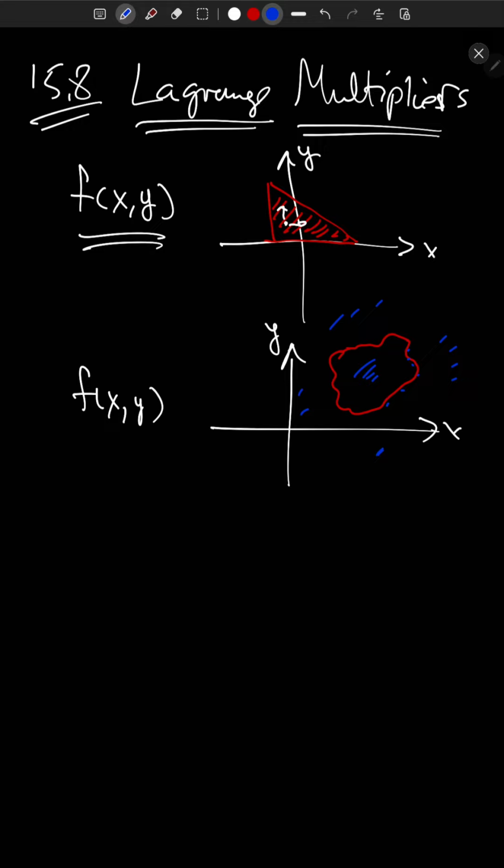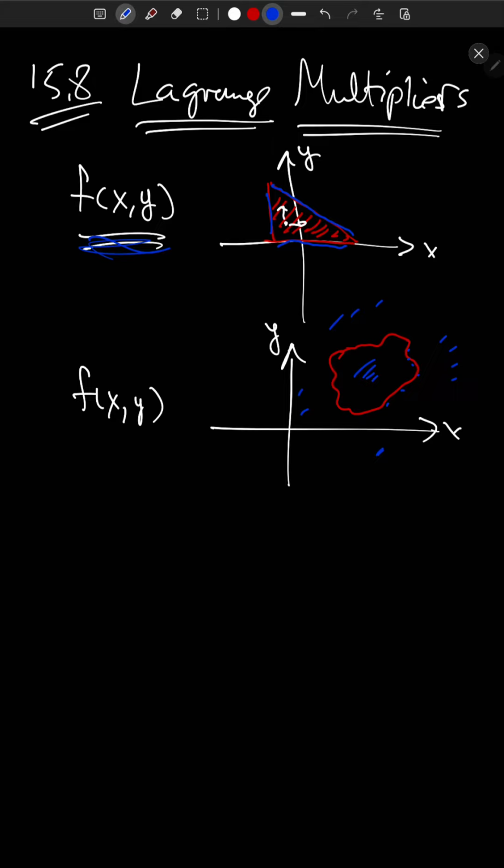Okay? All right. We kind of addressed this in the last section, when we did the optimization in a full region, because when we looked at the boundary portion of the problem, so that would be this segment, and this segment, that's exactly the kind of problem that we're solving today.